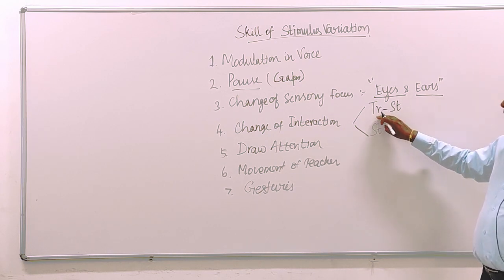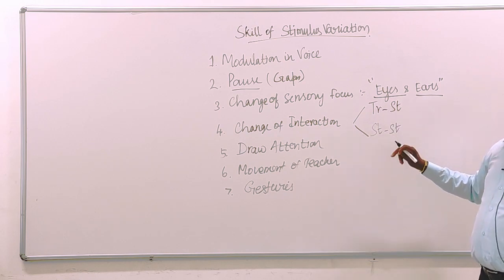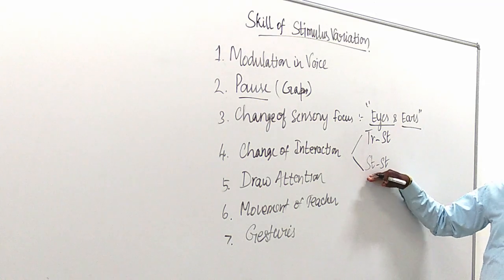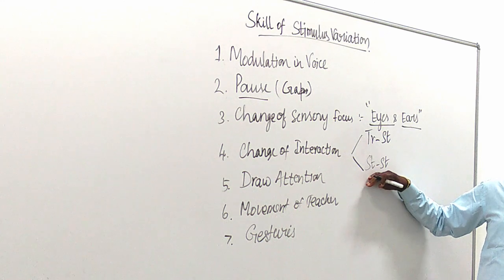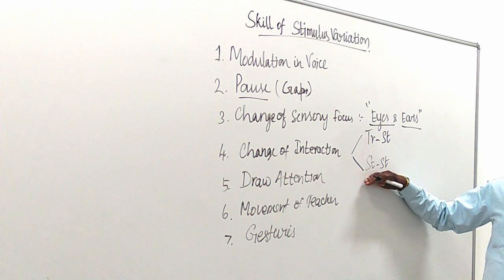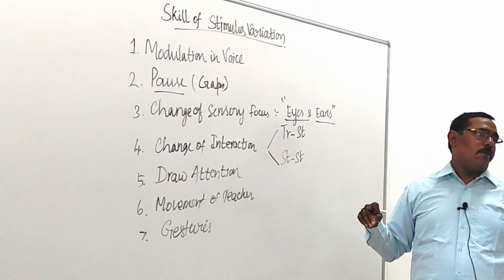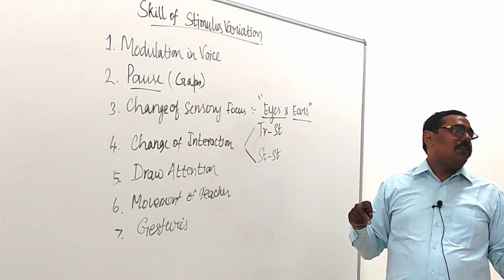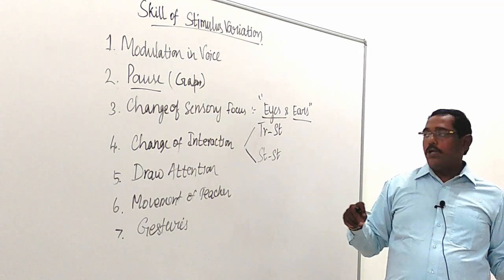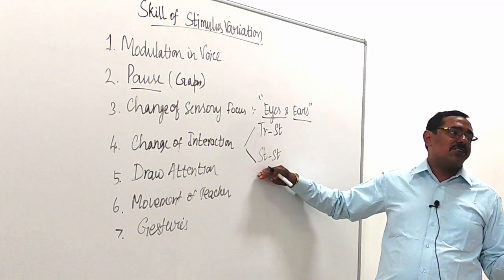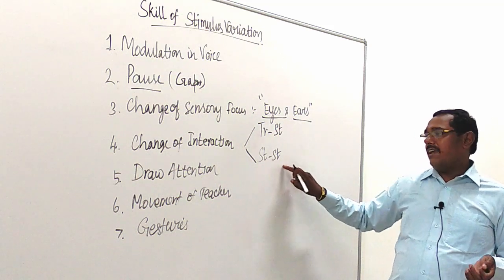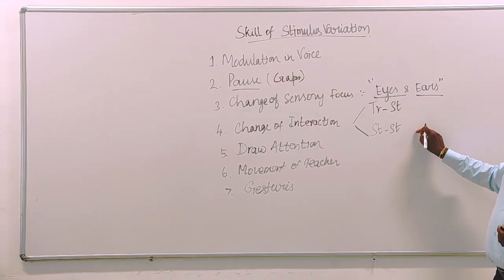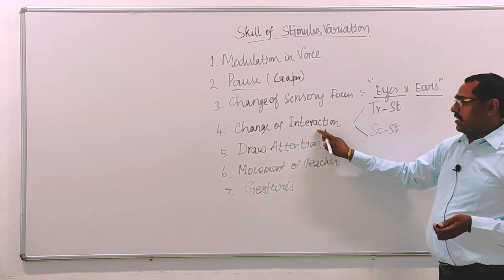So you can ask a question directly to the students, or a teacher can invoke a dialogue among the students. Just tell me some unemployment problems, or how this unemployment can be reduced. Like that you can start a discussion among the students for the second category. So this is change of interaction.